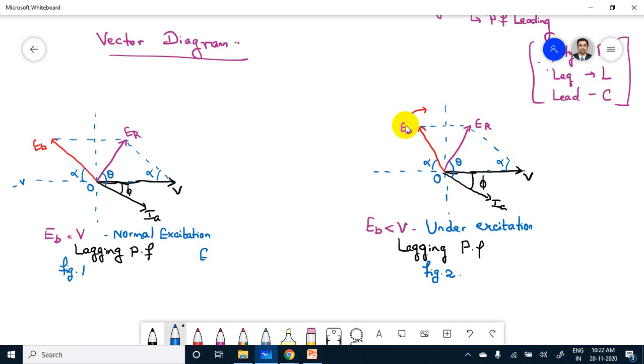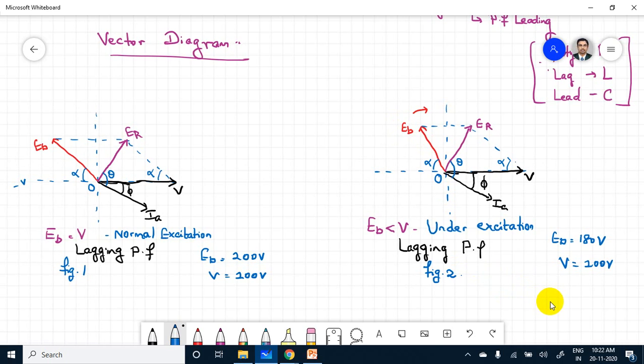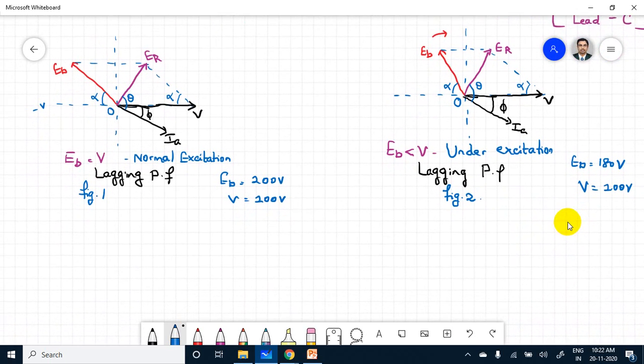Here I will mention EB equal to, for example, 180 volt, but V equal to 200 volt. That's what we are getting, this lesser voltage. Understand or not? This is for figure 1 and figure 2, normal excitation and under excitation.